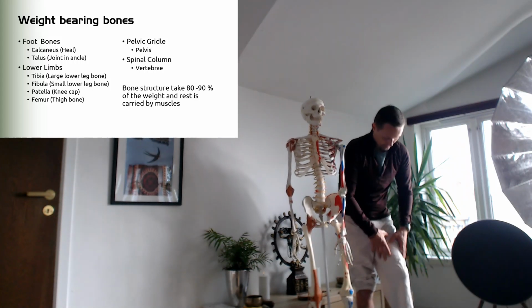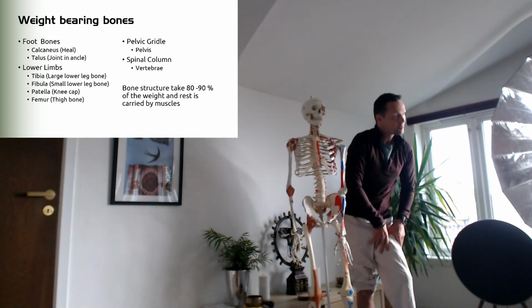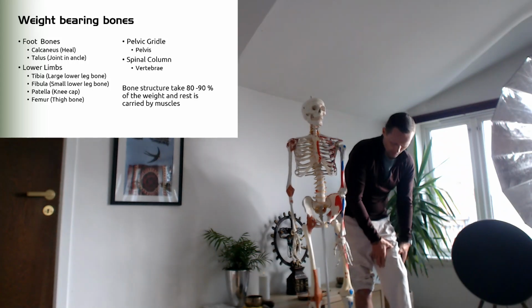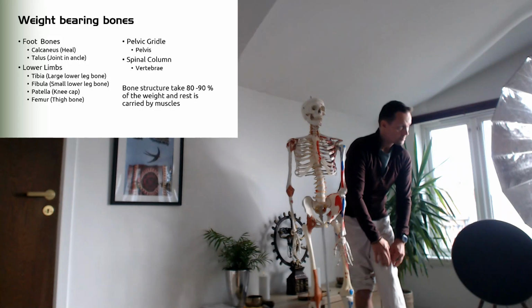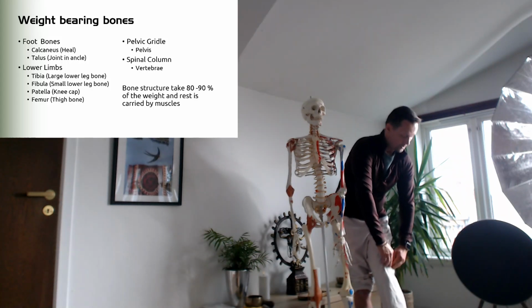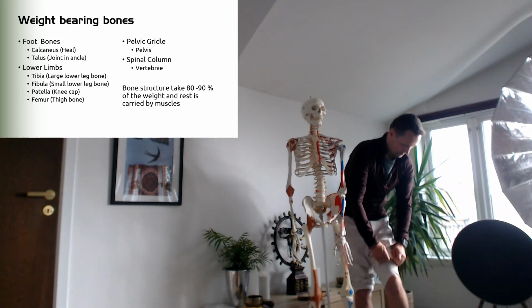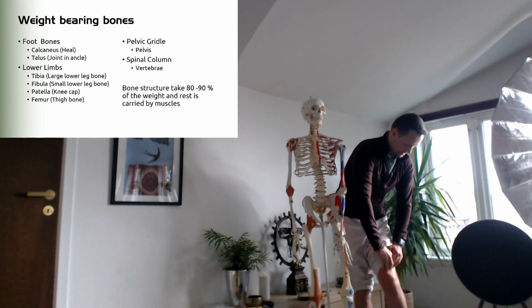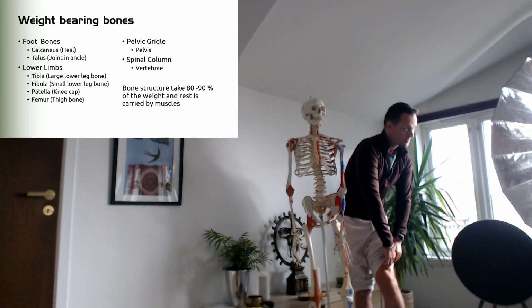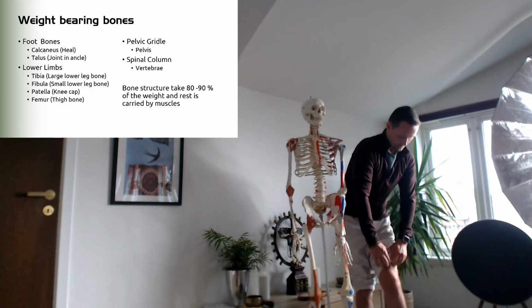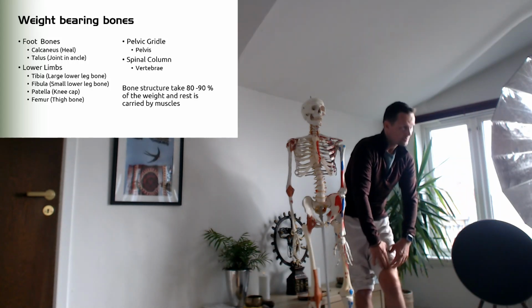There should be a lot of muscles around it, so you can feel it if you go just above. If your finger makes its way in between the muscles here, you can feel it.